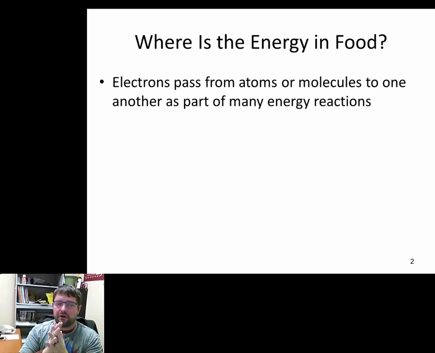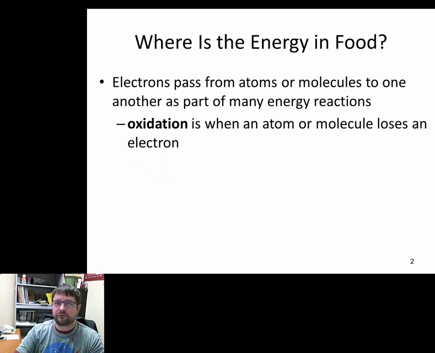It allows for other organisms to do whatever they do, swim, fly, whatever it might be. It's the passing of electrons from one atom to another, from one molecule to another, that gives that organism energy.